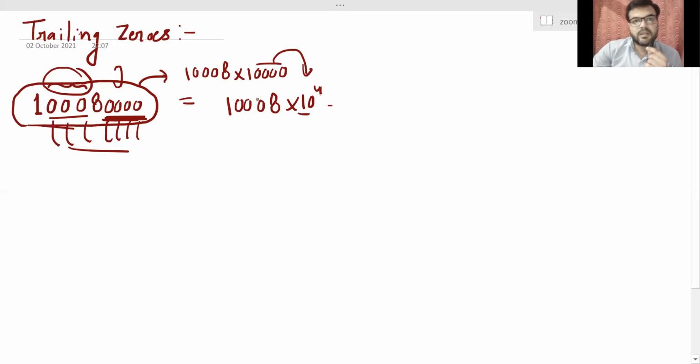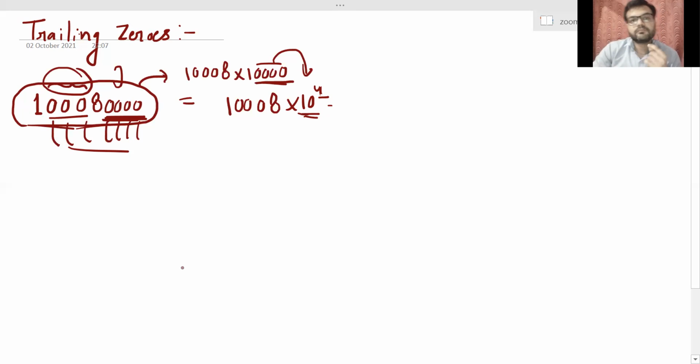So the number of trailing zeros is 4, and also the maximum power of 10 is 4. So the number of trailing zeros and the maximum power of 10 are nothing but the same question. If the examiner asks you the maximum power of 10 in this number, you can find the number of trailing zeros, and that will be the same answer.